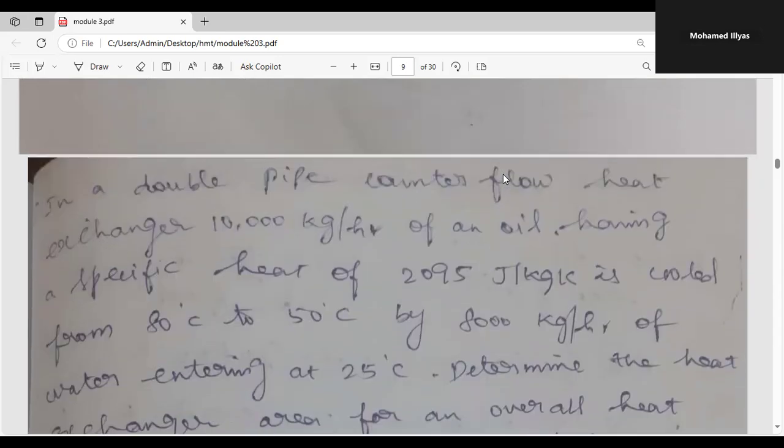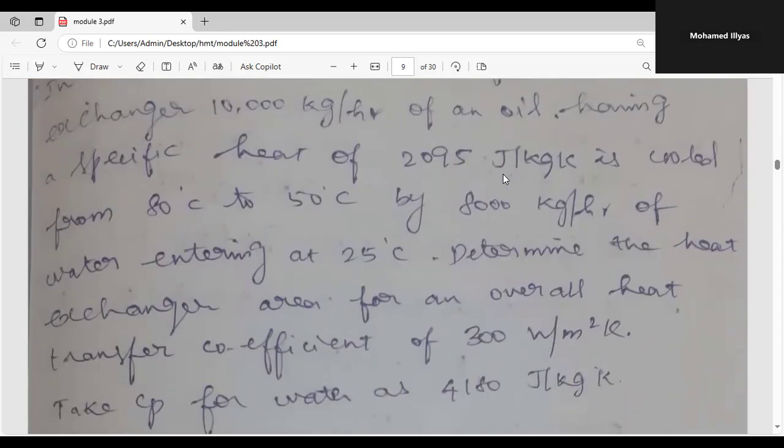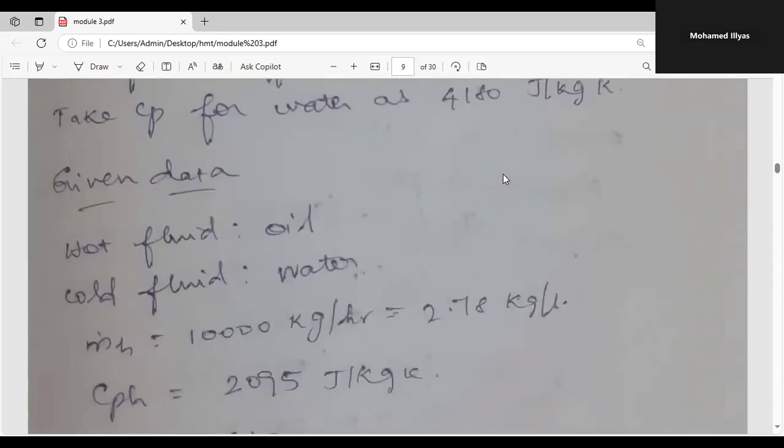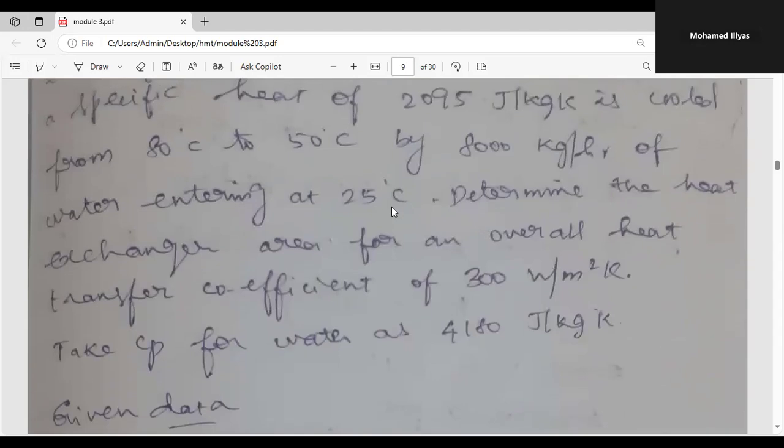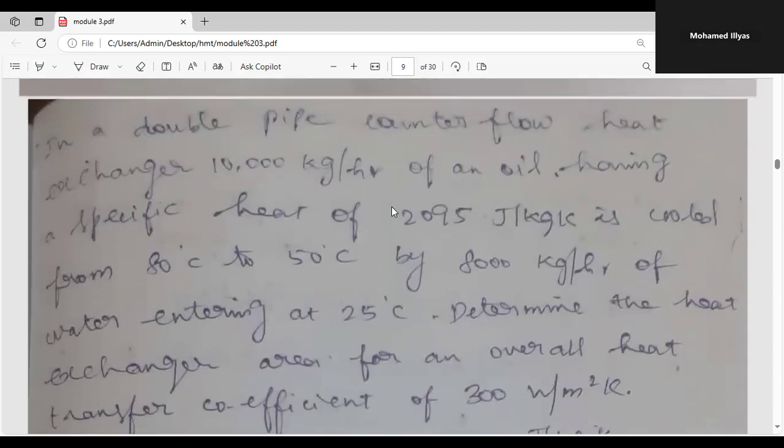So in this problem, the type of heat exchanger is double pipe and the flow arrangement is counterflow. We have been given the properties of hot and cold fluids here. Since the oil entry temperature is 80 degrees Celsius, cooled to 50, and the water temperature is 25 degrees Celsius, oil will be the hot fluid and water will be the cold fluid.